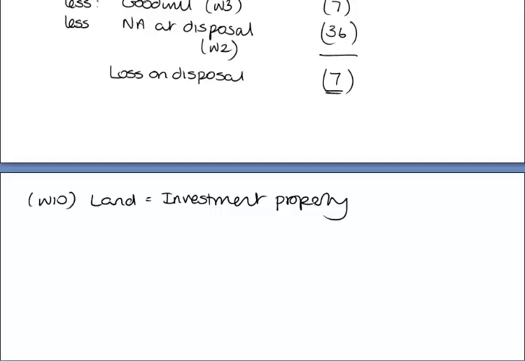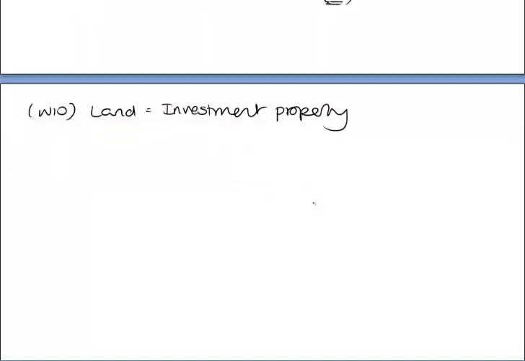The market value of the land at the 30th November X9 was 8 million. And this then fell by the 15th of December. But we're not interested in the post-balance sheet event because we're valuing it at the year end. So we revalue to fair value, and we take both gains and losses to the income statement.